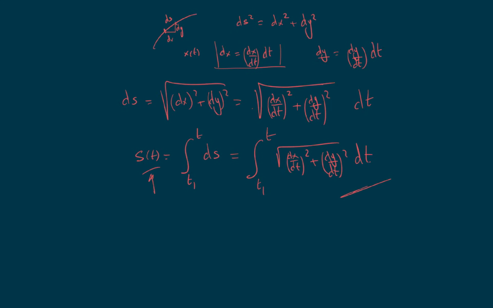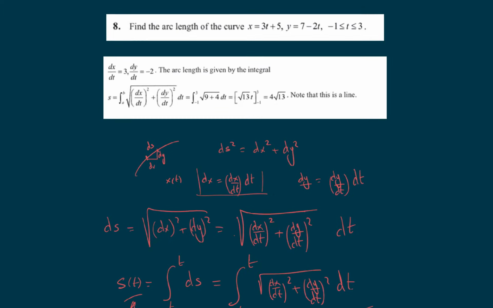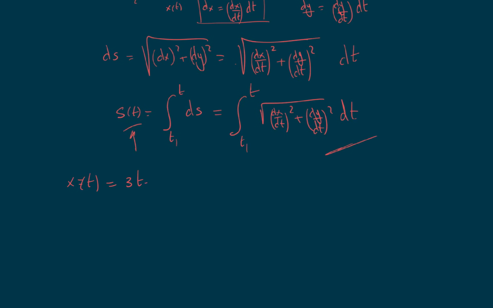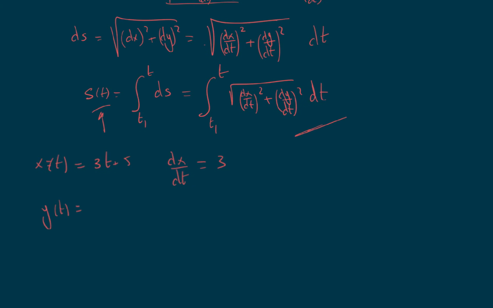So let's go to do it. So what is x of t? In this example, x of t is equal to 3t plus 5. So the derivative of x with respect to t is 3. y of t is 7 minus 2t, so the derivative of y with respect to t is minus 2.